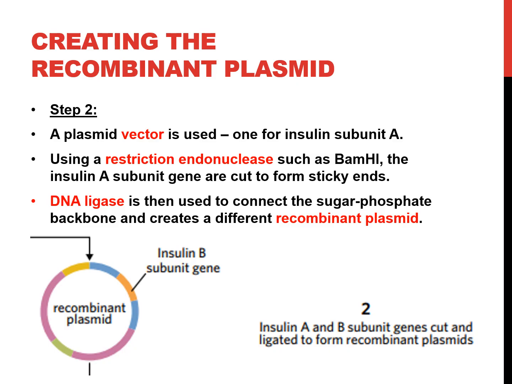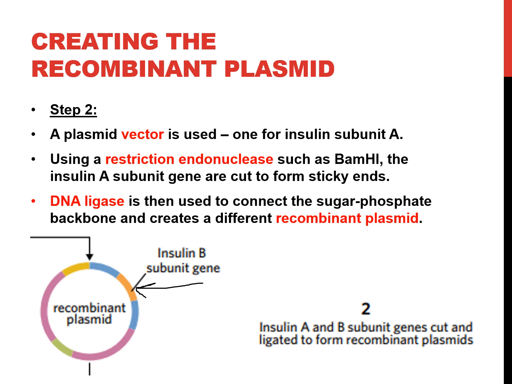Awesome. Step 2, a plasmid vector is used, one for insulin subunit A, and obviously they're going to do one for subunit B as well, as you can see here. What does that mean? Restriction endonucleases are used to cut that BamH1 site, and we essentially insert the target gene, which is insulin A or insulin B. This is done in 2 separate processes, and one of the last steps is they mix them together.